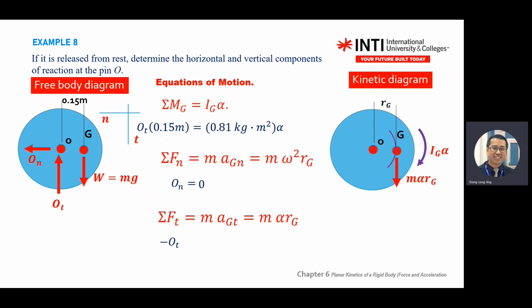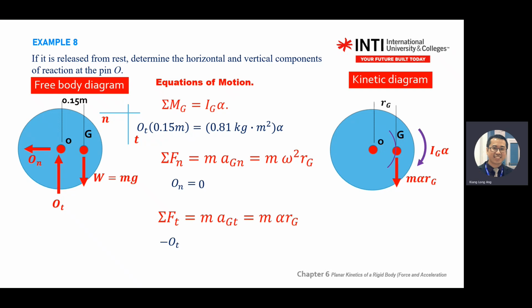So same with T negative. Why is T negative? What is my positive direction for tangent? Going down. Why is going down positive? I rotate clockwise, so my tangent positive goes down.